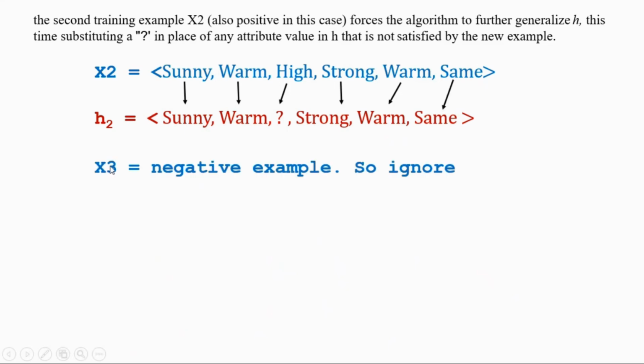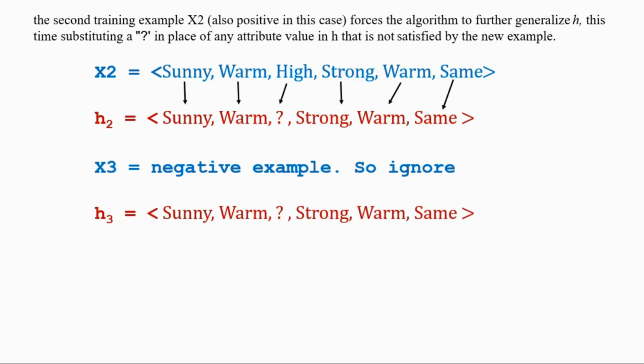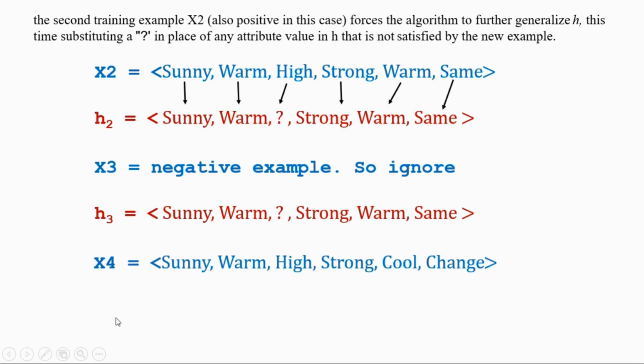The third example is a negative example, so we ignore it. There is no change in hypothesis H3, as it is the same as H2. Next is the fourth example, which has values sunny, warm, high, strong, cool, and change.